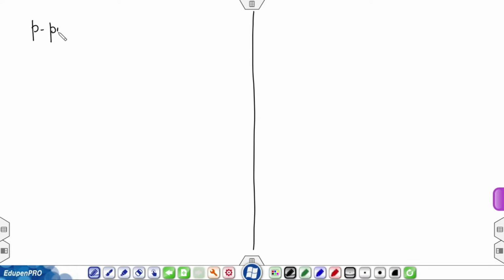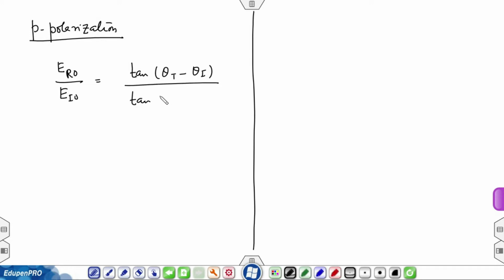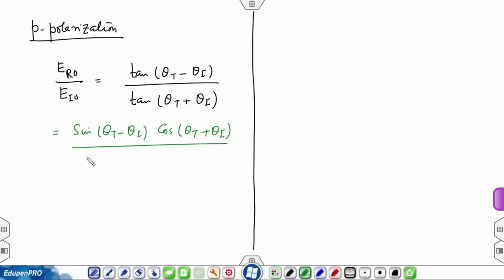So, for P polarization, I have E_r0 over E_i0 equals tangent of (theta t minus theta I) divided by tangent of (theta t plus theta I), which I can write as sine of (theta t minus theta I) times cosine of (theta t plus theta I) divided by cosine of (theta t minus theta I) and sine of (theta t plus theta I).